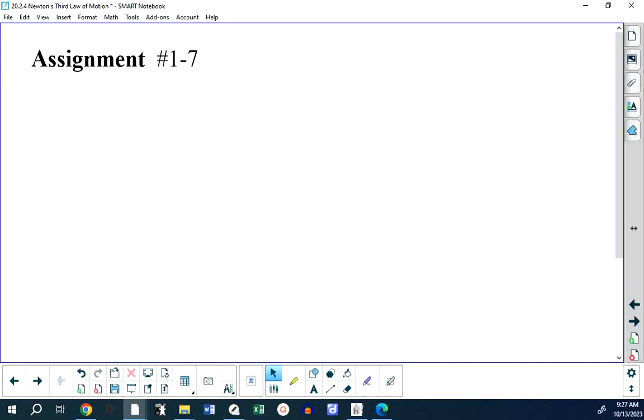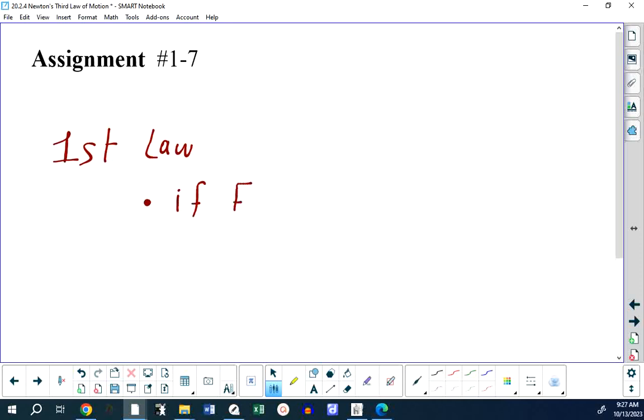So just to summarize this for Newton's first law, and this isn't the first time I've written this, Newton's first law basically says two things. If F net equals zero, the acceleration equals zero.